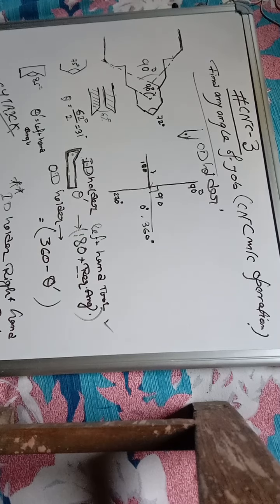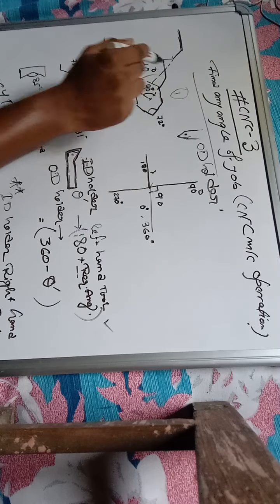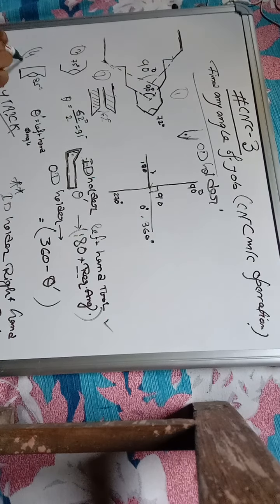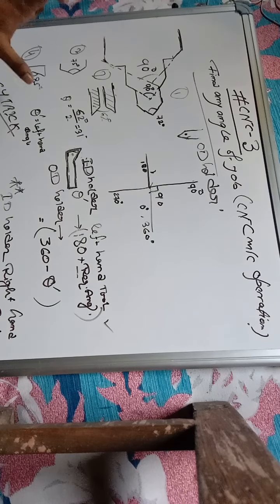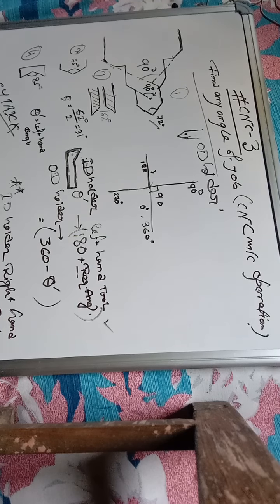Before discussing it, suppose we have drawing number 1, drawing number 2, drawing number 3 and drawing number 4. There are various types of angles and we have to find the angle of each. We all know in a CNC machine there are various types of blocks, OD block, ID block.